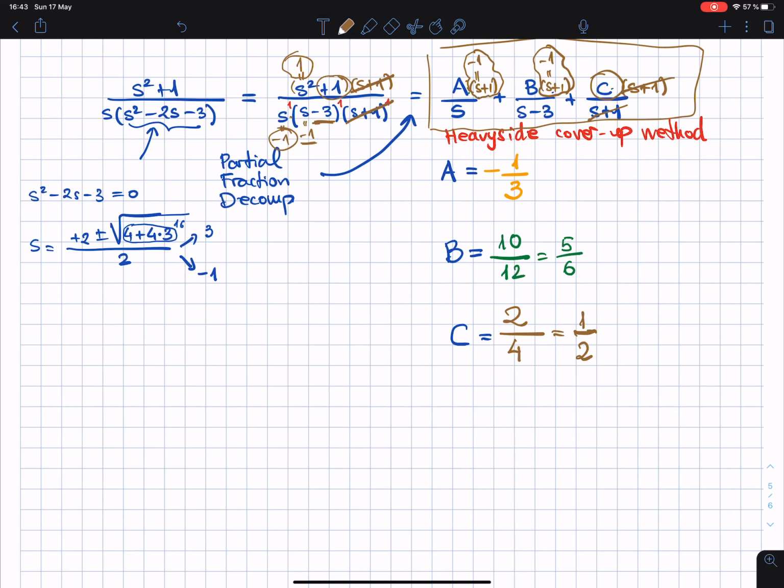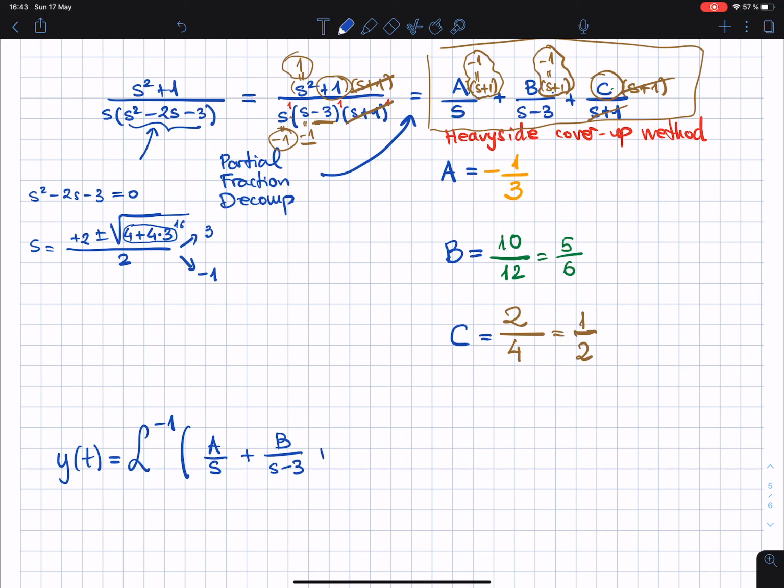Now, let's compute the inverse Laplace transform. y(t), that's what we are looking for, is the inverse Laplace transform of this thing. Remember, a over s plus b over s minus 3 plus c divided by s plus 1.